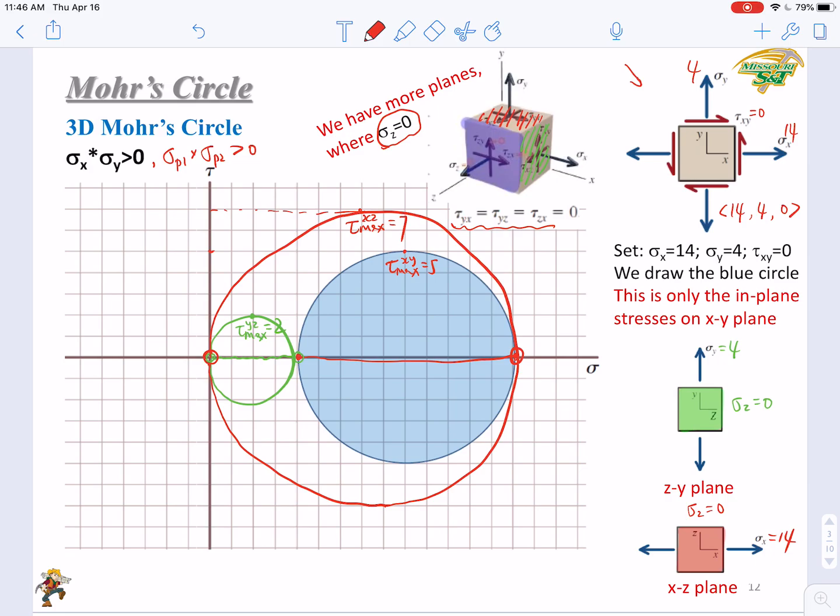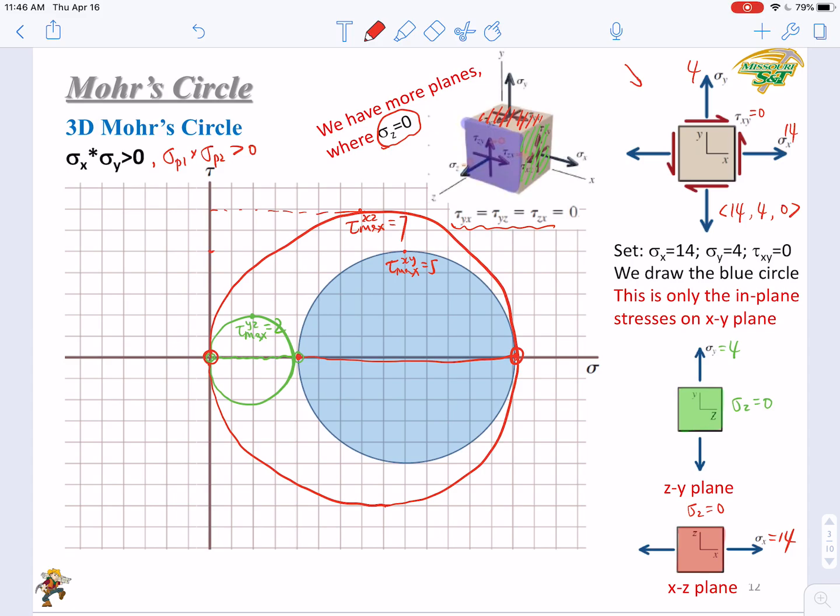If you only look at the XY plane, the in-plane max shear stress will be 5. So this is the difference. If you do not look at other planes, if you only look at the XY plane like what we did in example 1, that is called the maximum in-plane shear stress. So your result will be 5.